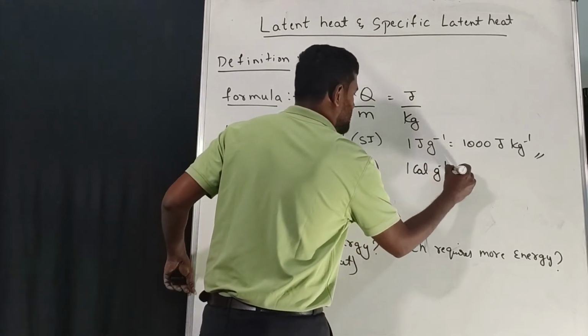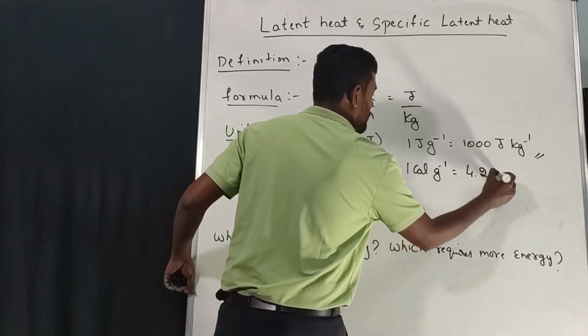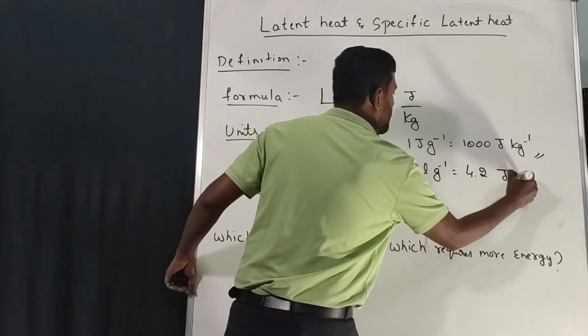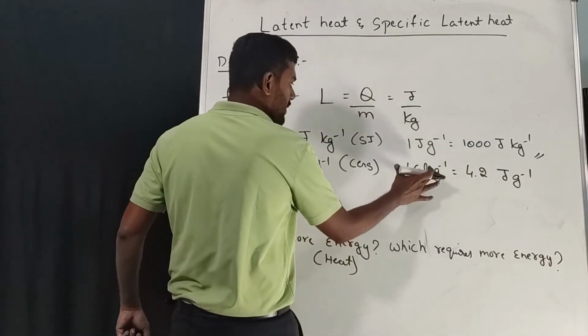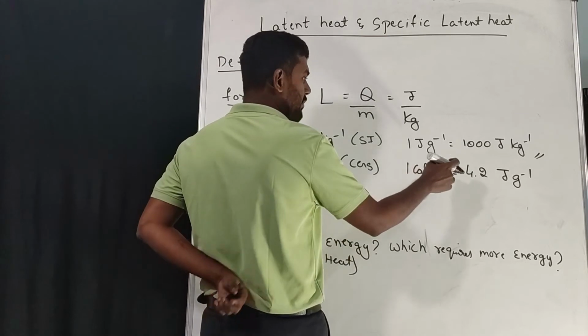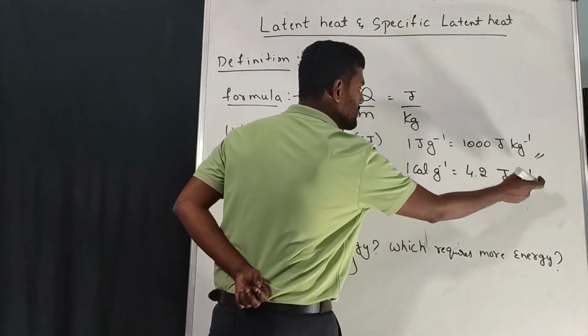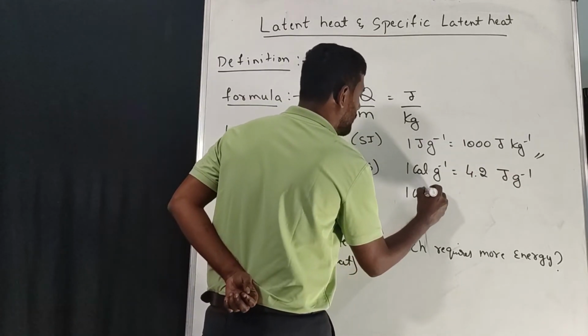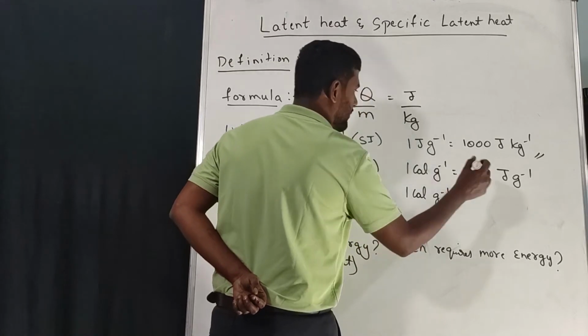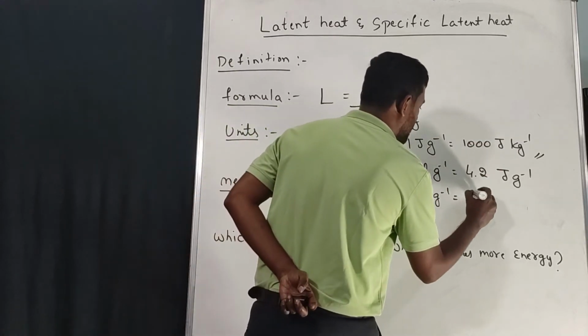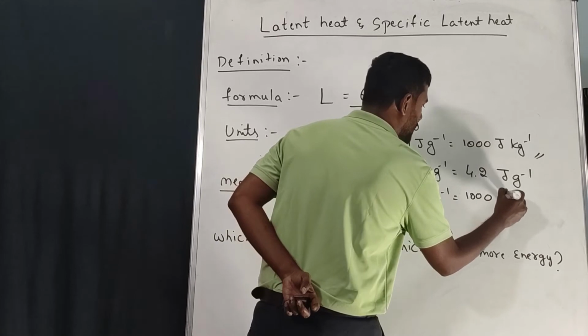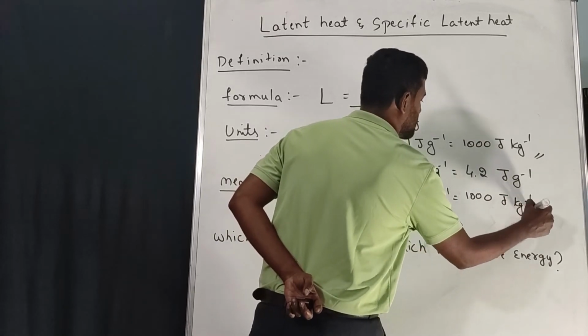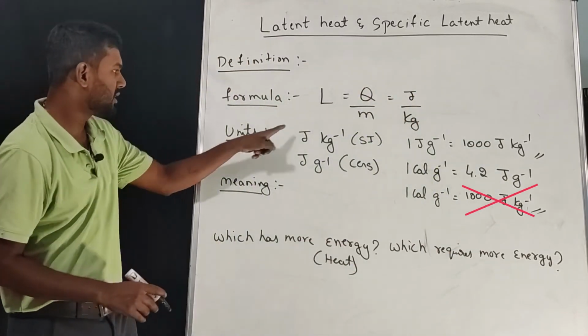Calorie per gram is equal to 4.2 joules per gram. If you want to convert 1 calorie per gram into joules per kg, that is 1000 joules per kg. That's it. So these are the units.